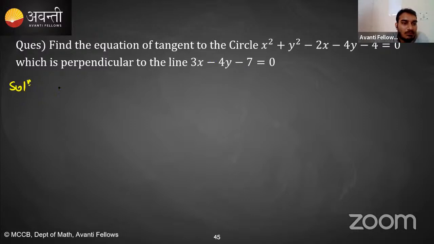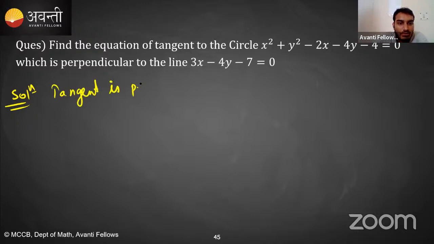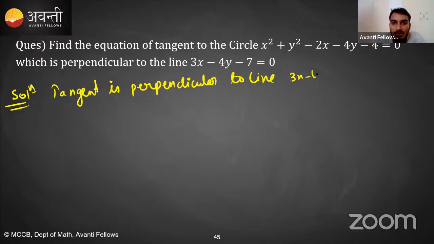So first of all, can anybody tell me, like I have told you in the straight line chapter, the required tangent is perpendicular to the line 3x minus 4y minus 7 is equal to 0.